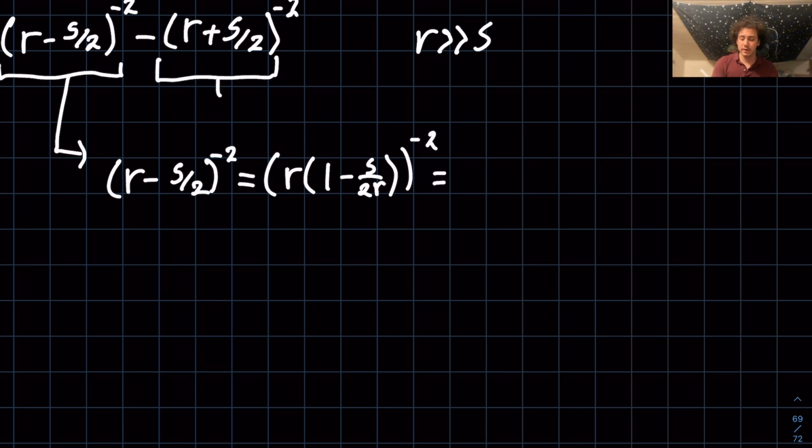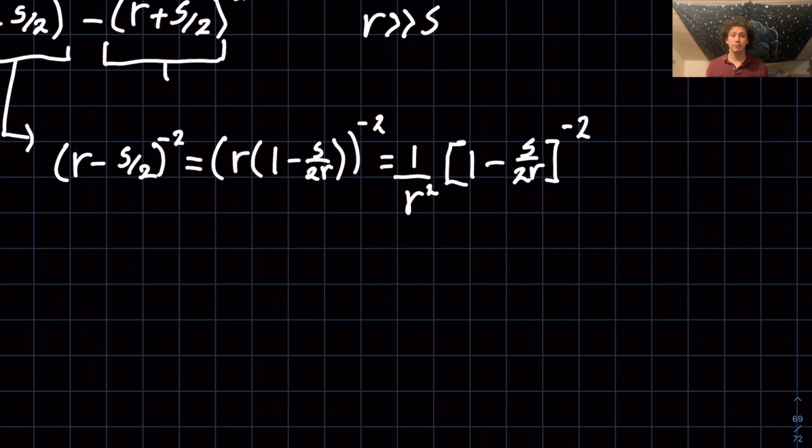Distributing the exponent, we have r to the minus 2, which I'm just going to rewrite as 1 over r squared, and then times this (1 minus s over 2r) to the minus 2, right? Now we can use our binomial expansion.